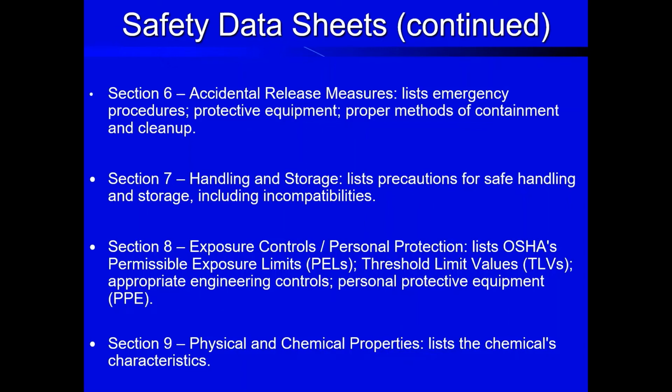Section 8, this covers exposure controls/personal protection, lists OSHA's permissible exposure limits, threshold limit values, appropriate engineering controls, and personal protective equipment. Section 9 covers physical and chemical properties, lists the chemicals' characteristics.